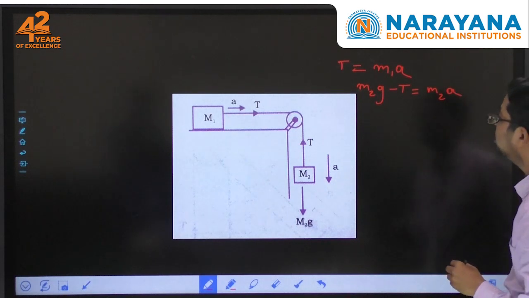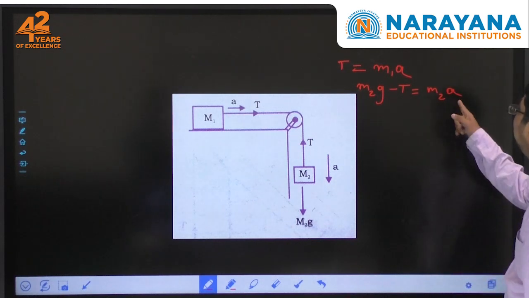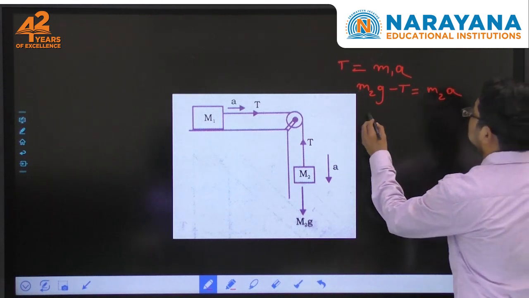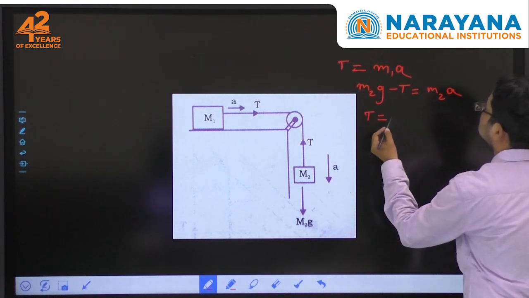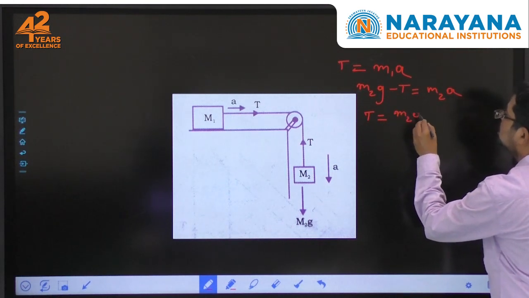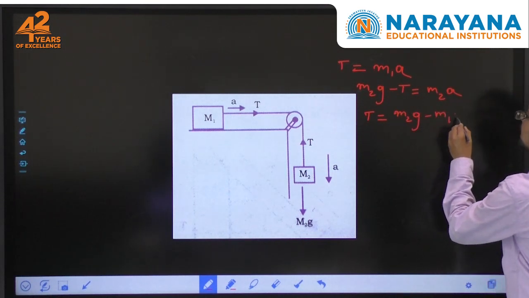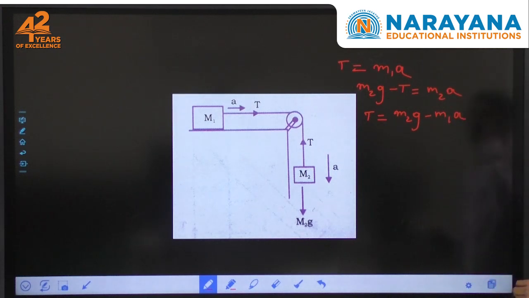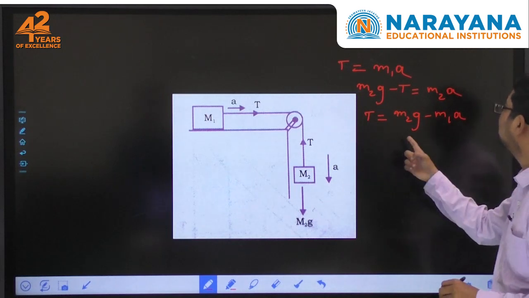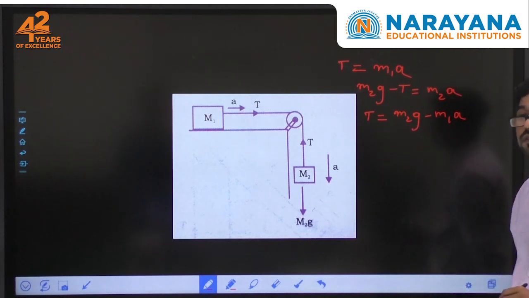From these values, we can find the value of A very easily. So here, T is equal to M2G minus M2A, giving the value of tension also. This is one more way.